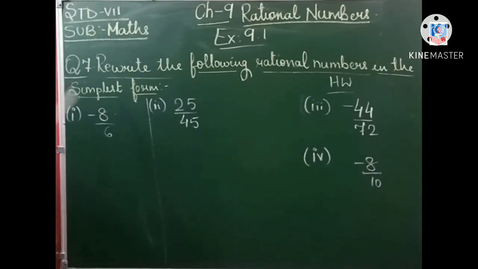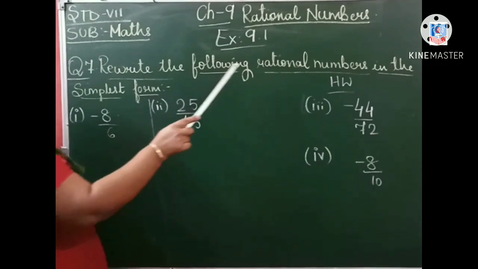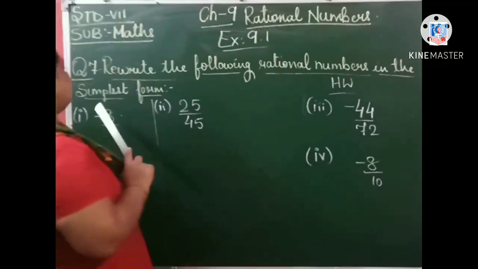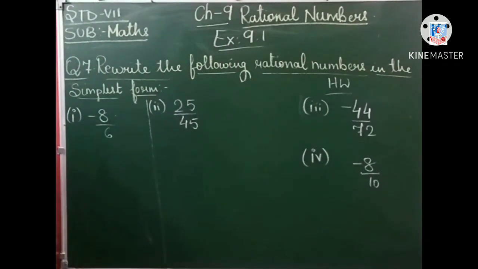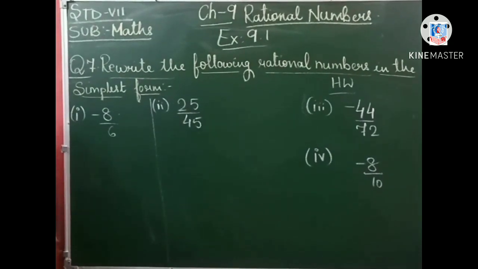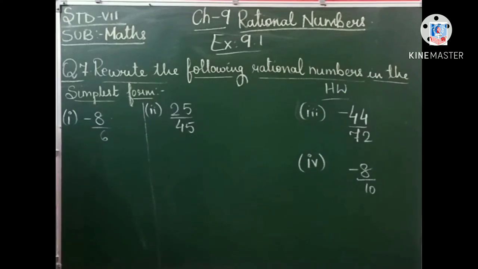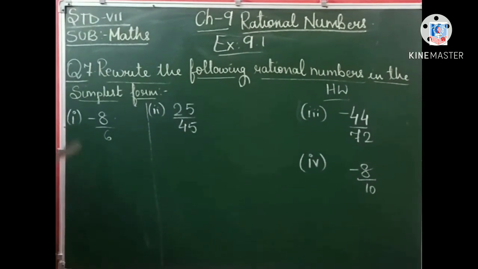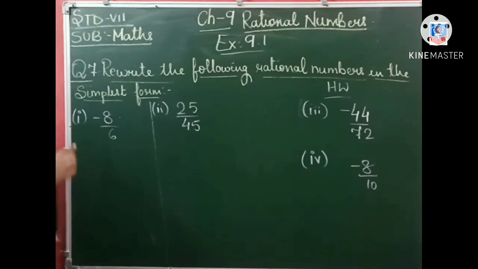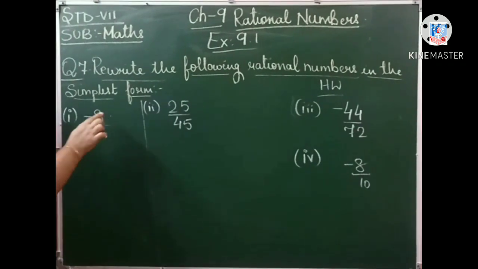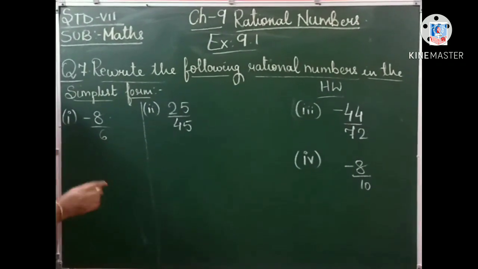Question number 7. Rewrite the following rational numbers in the simplest form. So what we will do? We will divide these rational numbers with their HCF to convert them into the simplest form. Now, HCF of 8 and 6 is 2.